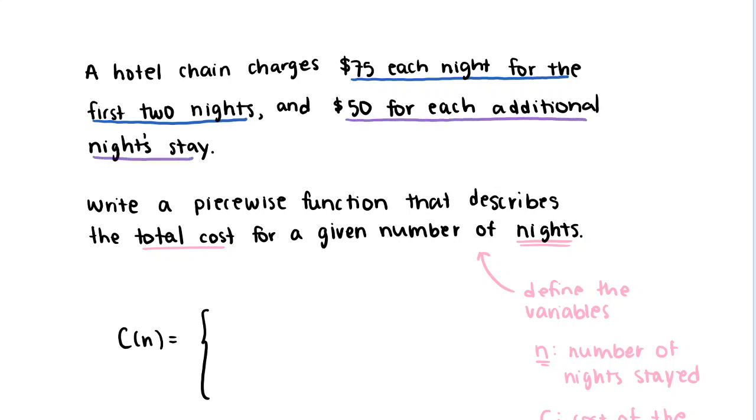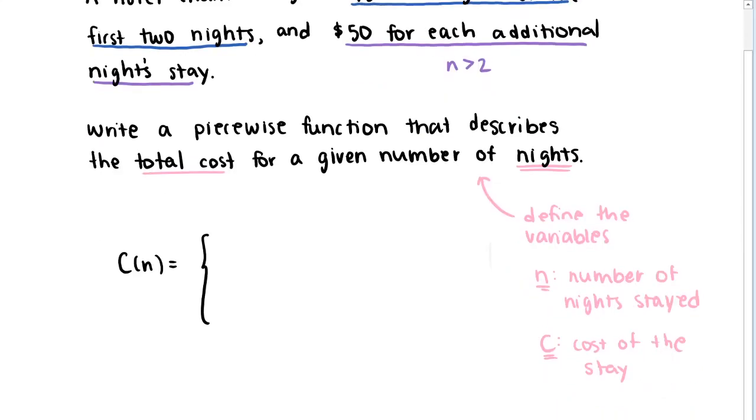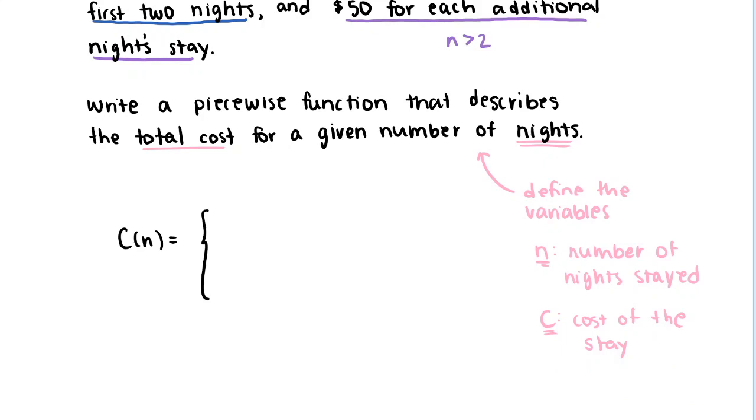And so here we can see that, whatever the rules are for computing these outputs, the first one happens for the number of nights between 0 and 2, and we apply the second rule for any number of nights greater than 2. So we already know that there's going to be 2 rules: one for if we have n between 0 and 2, and one for if we have n greater than 2.